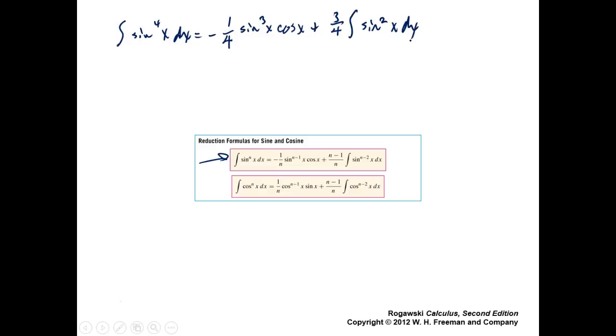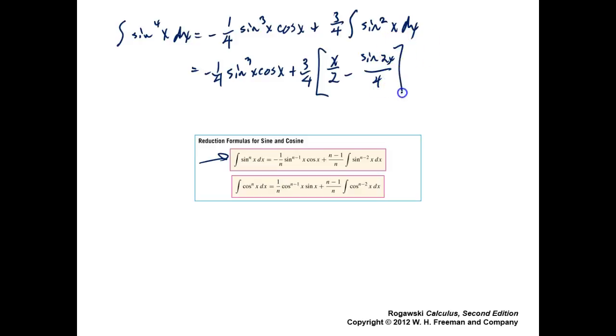Okay? Only little issue here is we just did that. So this will be minus 1/4 sine cubed x cosine x plus 3/4 of, we just did that at the top part of the page, and that gave us an answer of x over 2 minus sine 2x over 4. And then we had a plus c there before, but let's just close this out and do a plus c for all of it so you don't have your fractions entering the plus c there.